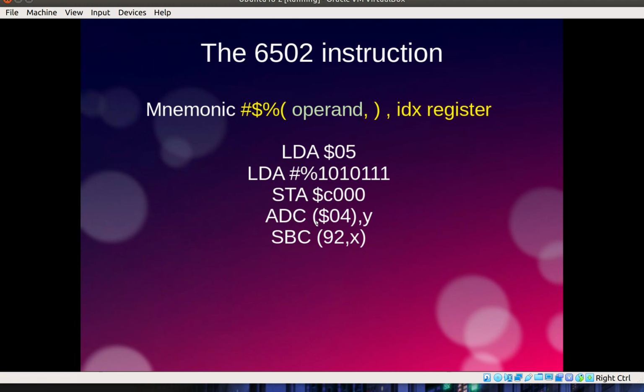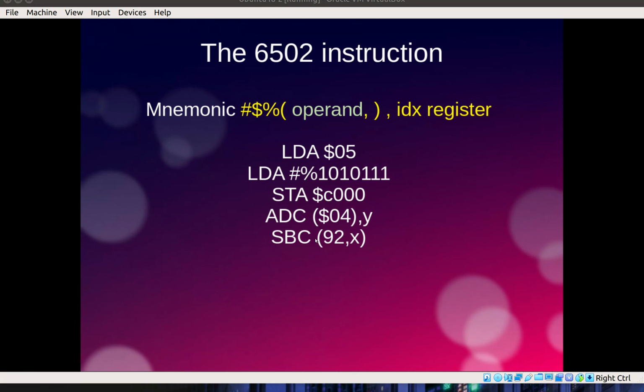And this ADC is one of the index ones, indexed indirect, I think. It's got the brackets, and it's also got the dollar sign to say that this is a hex value. In this case, we've also got the comma and the Y, and the other one, which is indirect indexed, is one way around or the other.